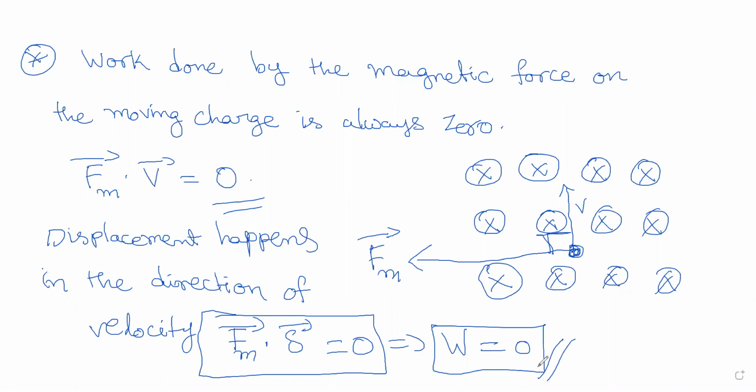Clear? So F bar is always perpendicular to S bar in the case of a charge entering the magnetic field with a velocity v.